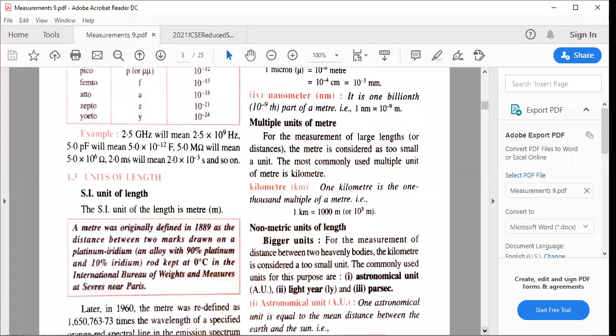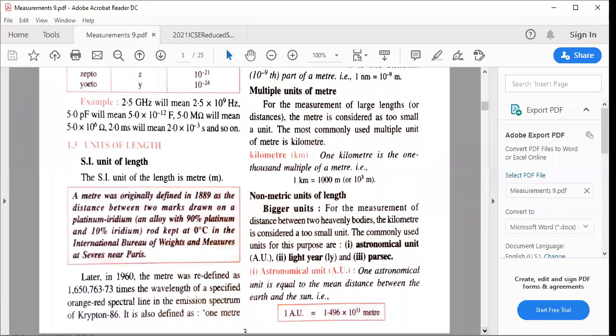But there are certain bigger units. Now these units are used in measuring the distance between two heavenly bodies. We already spoke about heavenly bodies like planets, okay, like moon and earth. So how do you measure the distance? We cannot measure, so there are some higher units. Okay, the kilometer will be very small unit. So there are some other units called astronomical unit.